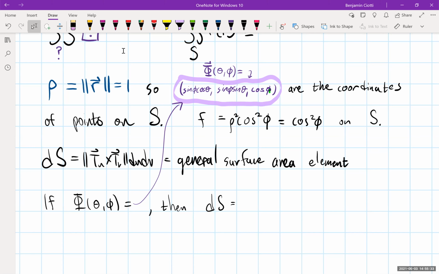Yeah, Krishna, that's correct. It is the norm of the normal vector of the parameterization.